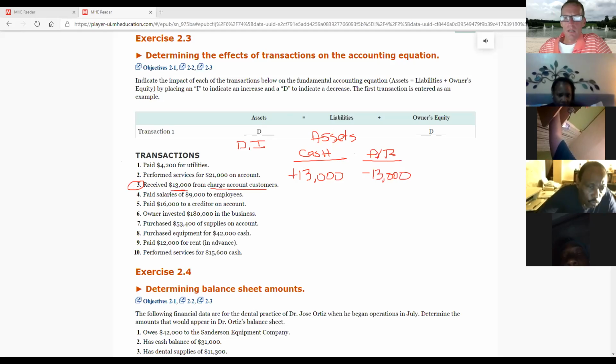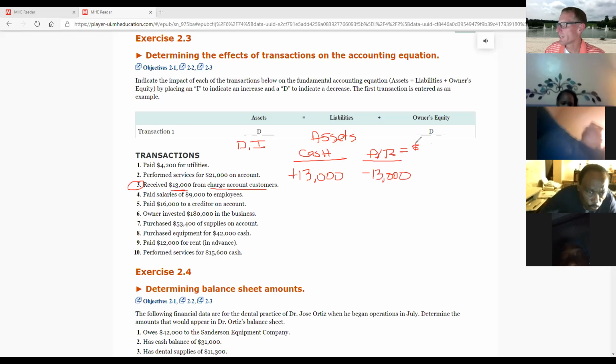All right. So wait a minute. Why are we subtracting from accounts receivable if somebody paid us $13,000? Well, they're saying that essentially they already owed us the money. Let me make up a number. Let's say accounts receivable had $20,000 as a balance.